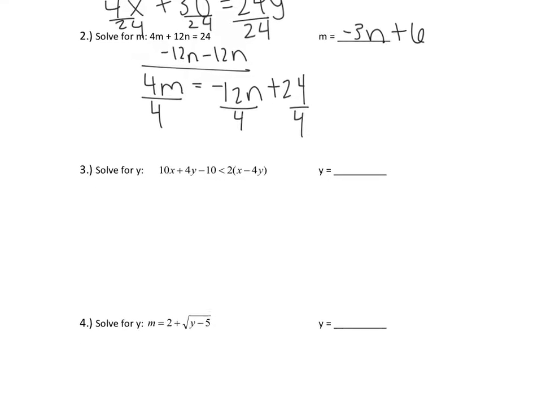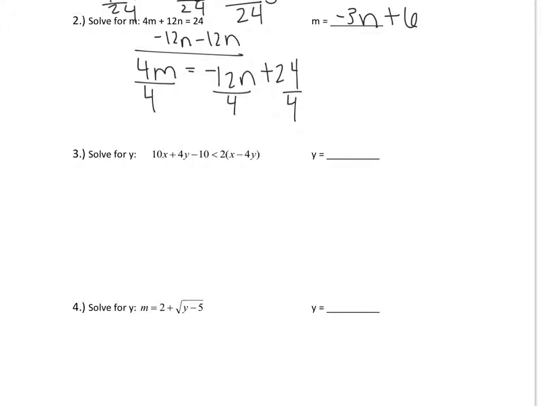The next one is the inequality, and I have to say that this is something a lot of people get incorrect, and so you really need to make sure you're focused on this, and it's when you're dividing by negatives. First off, we're solving for y. I'm going to take 2 and distribute it through, and I get 10x plus 4y minus 10 is less than 2x minus 8y. Then what I do is I'm trying to get y by itself.